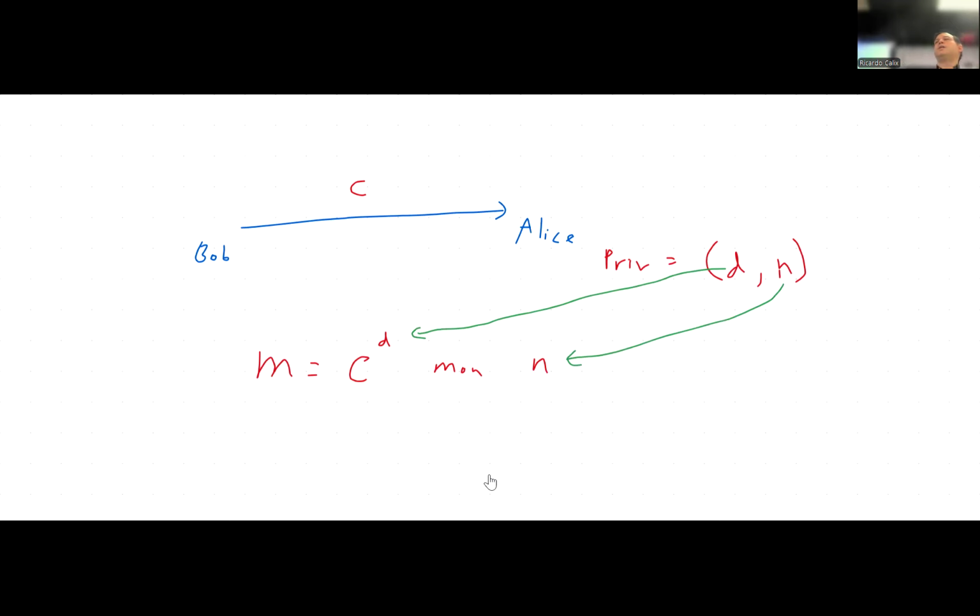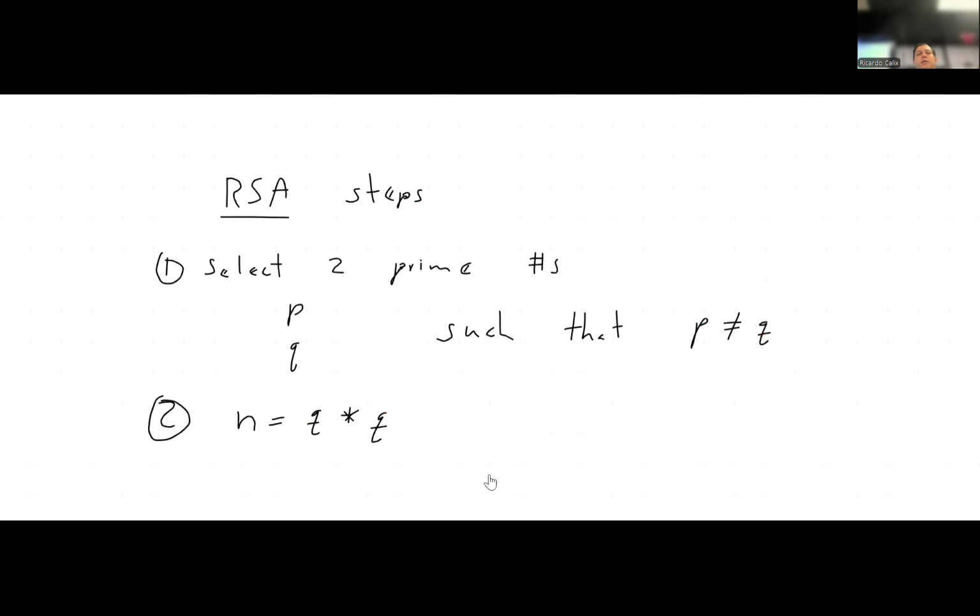It's the P times Q. So that's good. Let's go back to the algorithm. All right. So let's go back to the steps. RSA, the steps, right? Select two prime numbers, P and Q, such that P is not equal to Q. We start there.